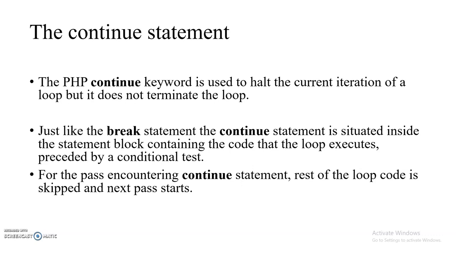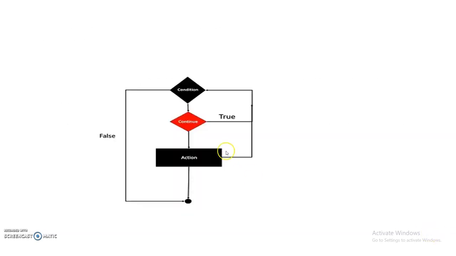Just like the break statement, the continue statement is situated inside the block containing the code that the loop executes, preceded by a conditional test. On encountering the continue statement, the rest of the loop code is skipped and the next pass starts.